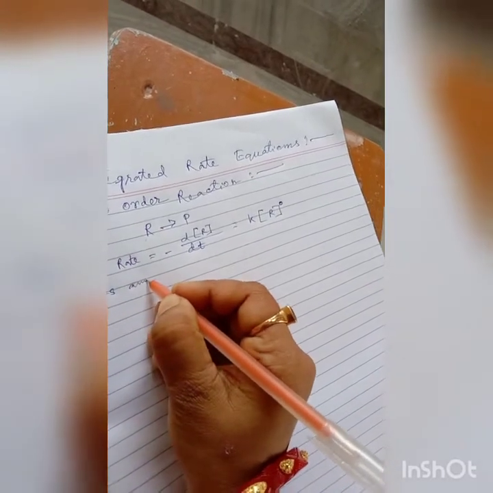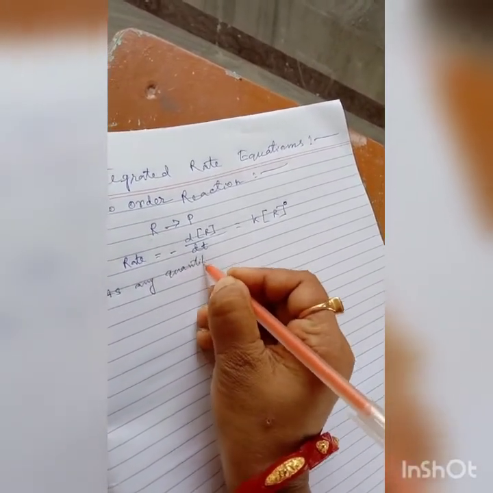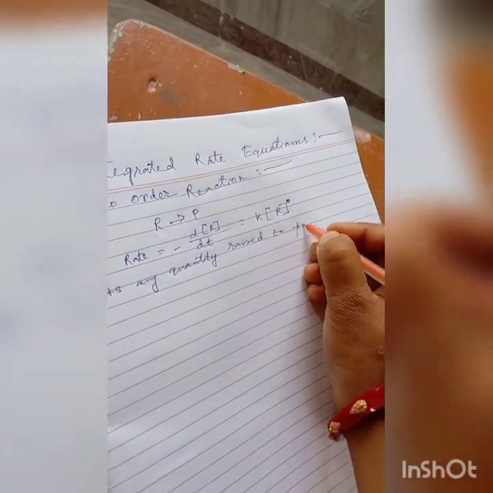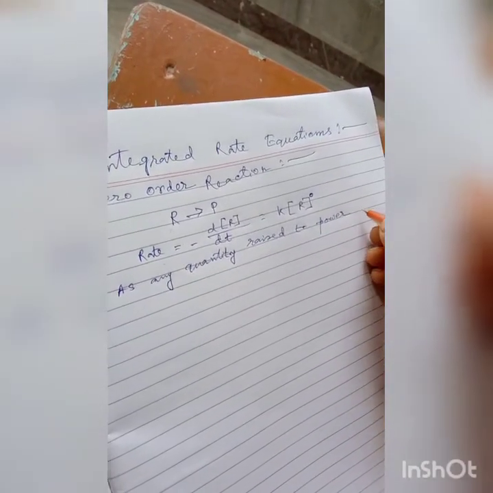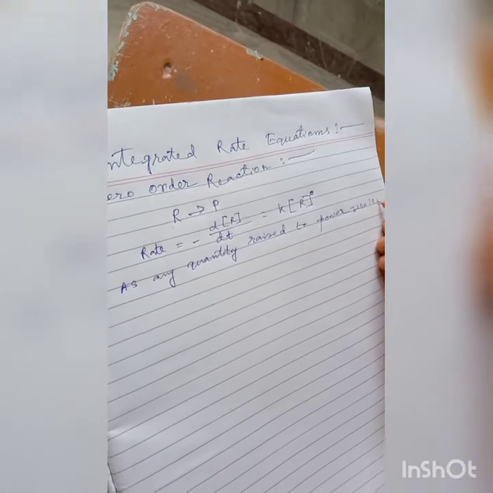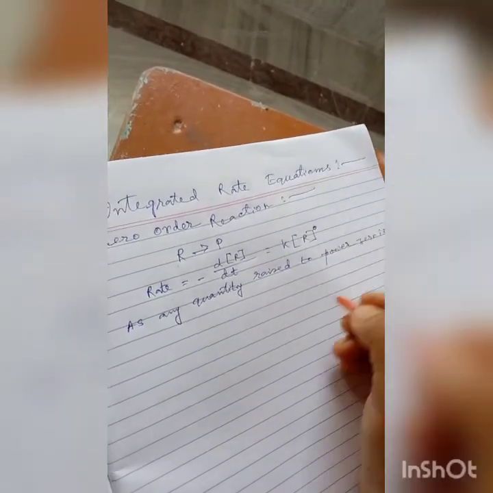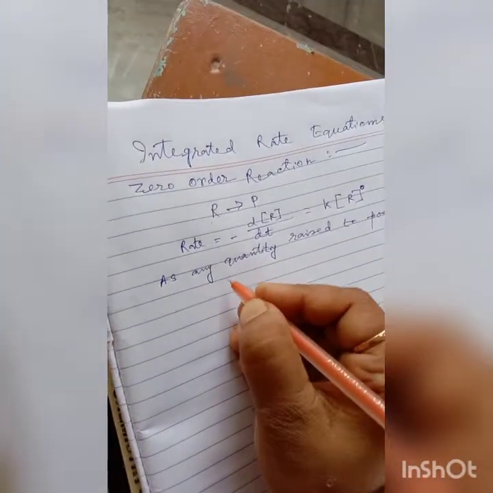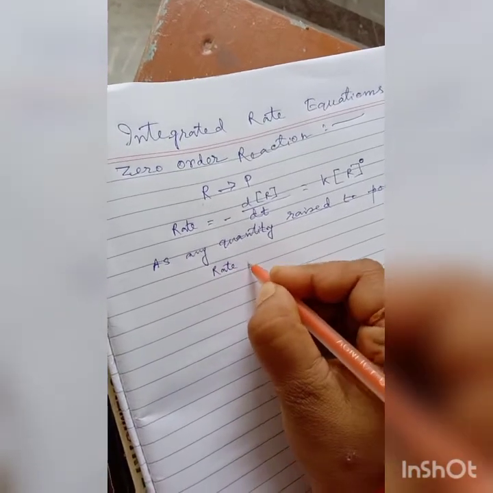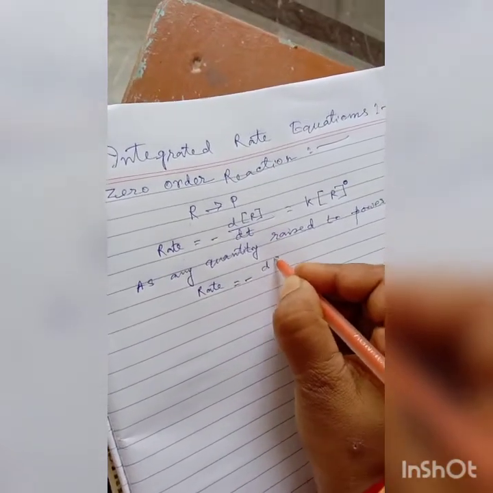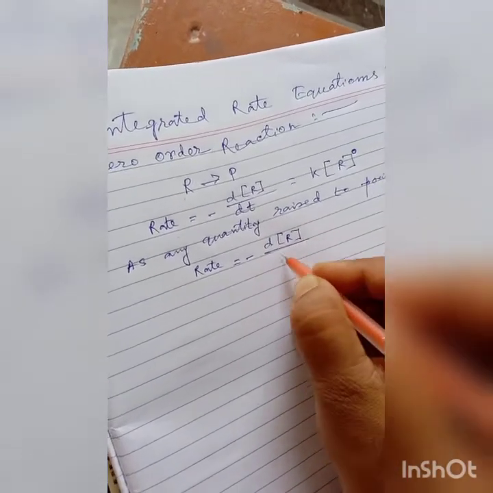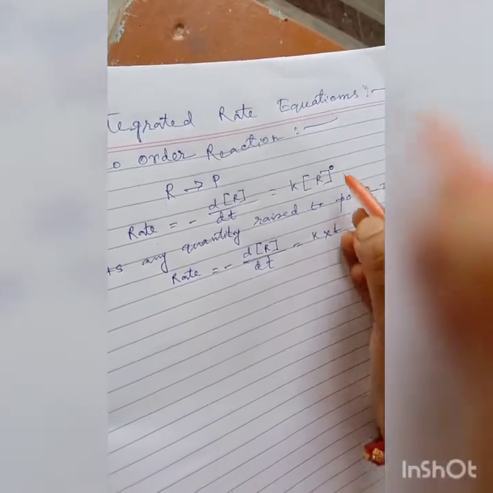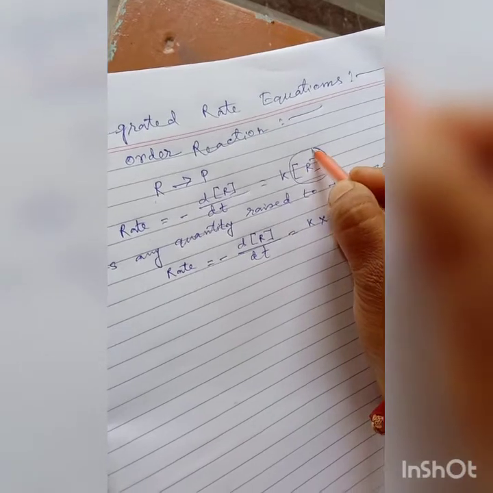As any quantity raised to power 0 is unity, rate equals minus dR by dt equals k into 1.